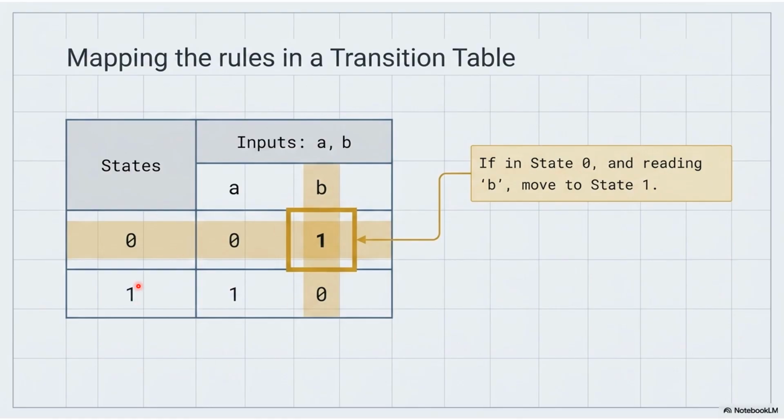In state 1, if you read the symbol A, it is a self transition to the same state. If the DFA reads the symbol B in state 1, it moves to state 0. So this is the transition table, and the previous slide represents the transition diagram.